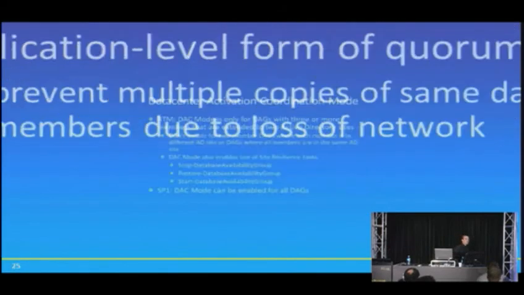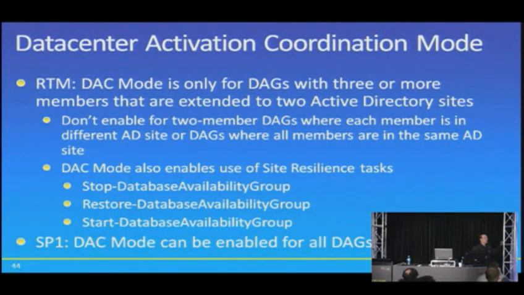So we have DAC mode in there. In the RTM, DAC mode is only for DAGs with 3 or more members that are extended to 2 AD sites. In SP1, everybody's invited to the DAC mode party. Every DAG can be in DAC mode in SP1. Now, DAC mode is an application level of quorum, but the other advantage is you get the benefit of using our site resilience tasks: Stop-DatabaseAvailabilityGroup, Restore-DatabaseAvailabilityGroup, and Start-DatabaseAvailabilityGroup specifically.